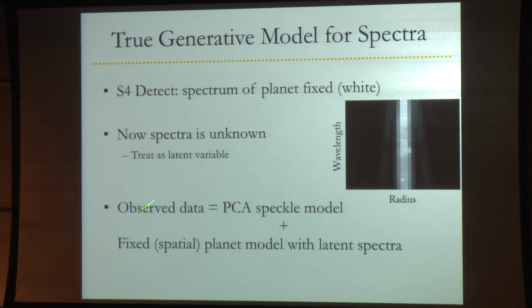We're going to essentially explain our observed data by this PCA model of the speckles plus some fixed spatial model of the companion, with some latent spectra that we're going to infer as part of the model fitting procedure. And we're going to assume that we have Gaussian noise between our reconstructed version of the signal and the observed data.